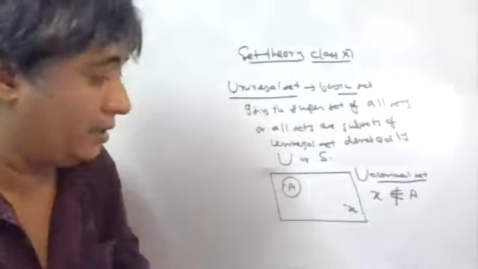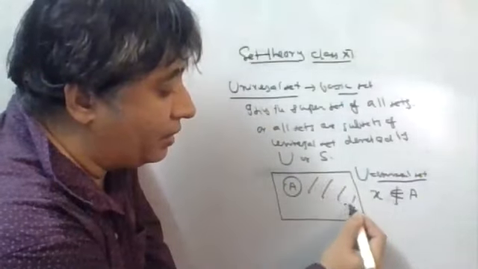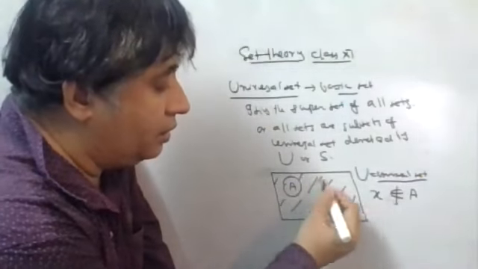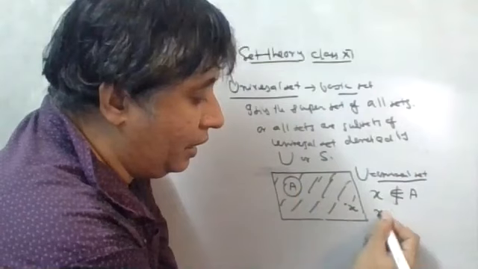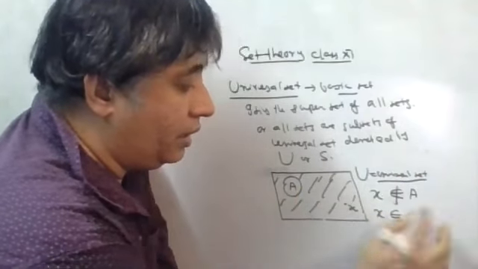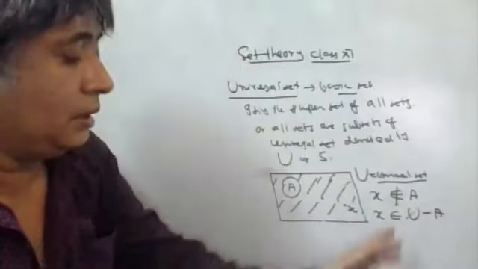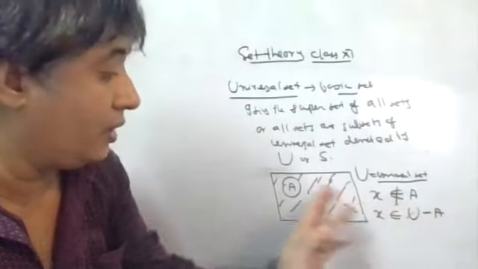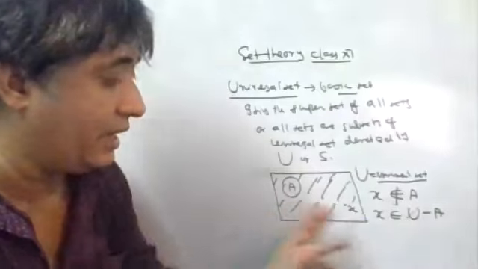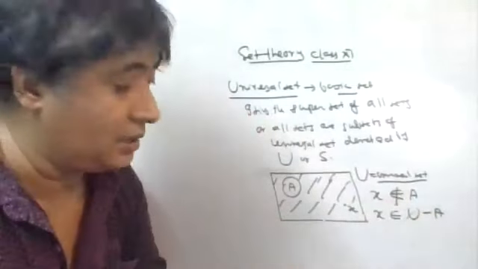Where does it belong then? In the remaining part. Then X belongs to the region of the universal set excluding that particular set.